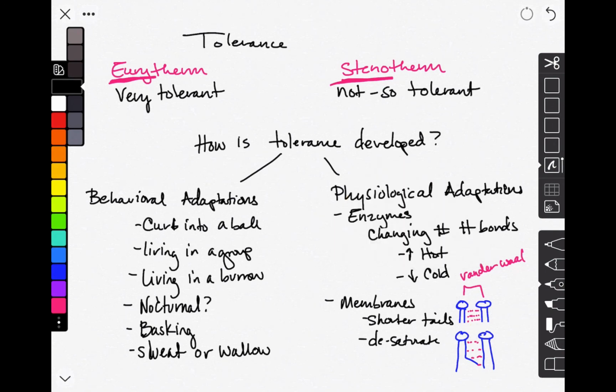Now, we can also change out these phospholipid heads, and we can change them to something that's less likely to interact. The last thing we can do is actually add cholesterol.